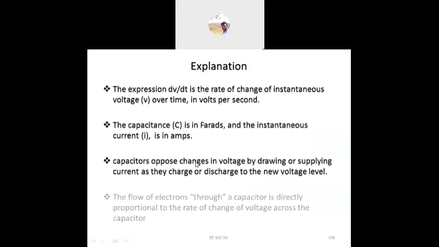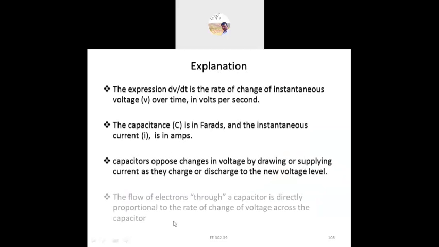The capacitor opposes changes in voltage, just as the inductor opposes changes in current. It changes voltage by drawing or supplying current as it charges or discharges to the new voltage level.